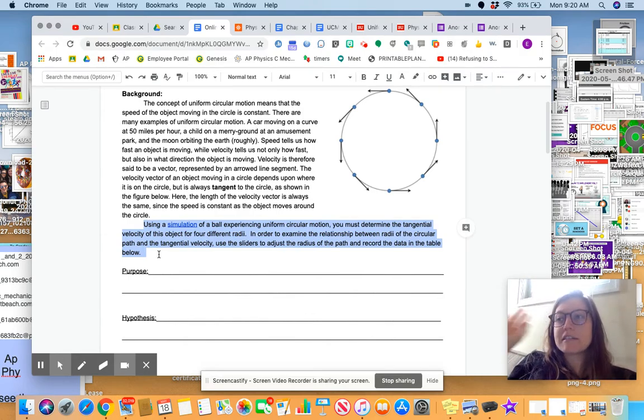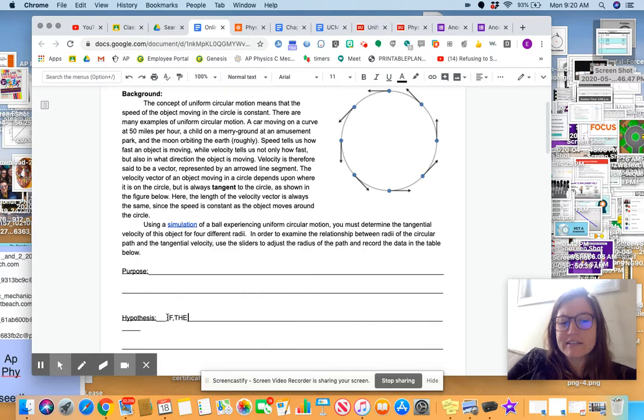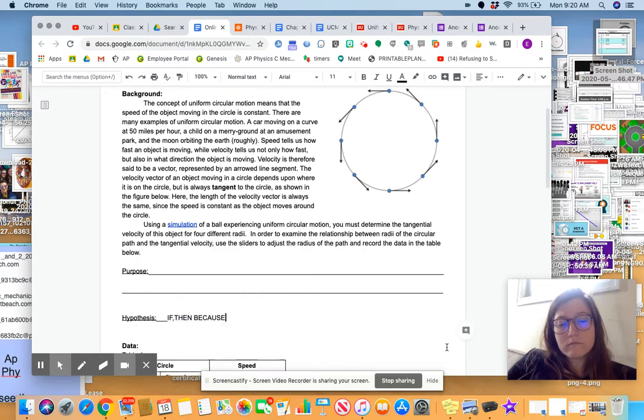So the hypothesis is, what do you think is going to happen? A hypothesis should be in an if-then-because statement. If independent variable, then dependent variable, because why you think so, the prediction.